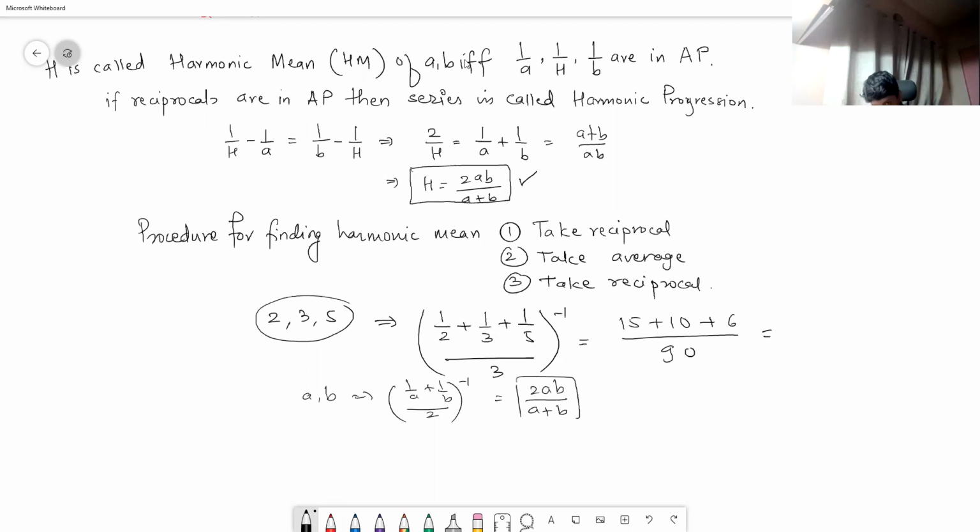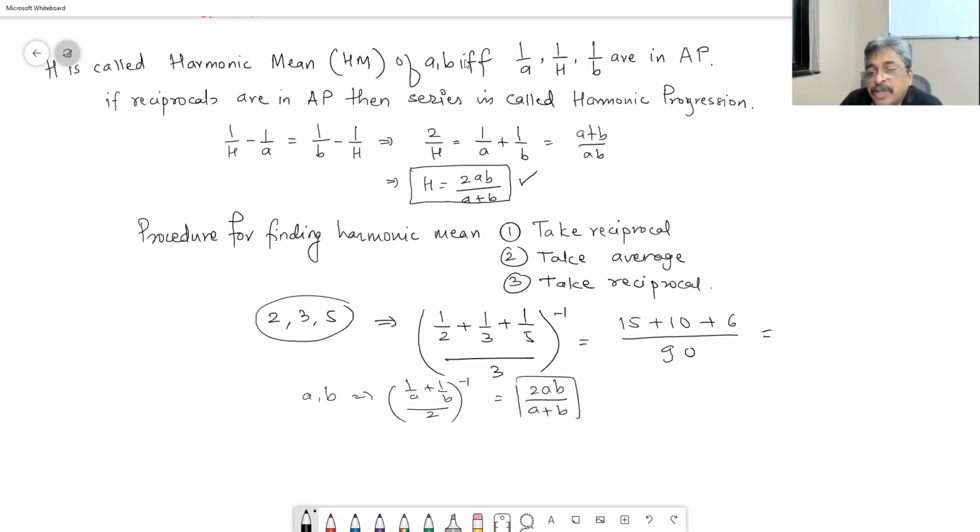So now this is 21 and 10, 31 upon 90 raised to -1, that is equal to 90 upon 31. That is the harmonic mean of 2, 3, 5. Correct?